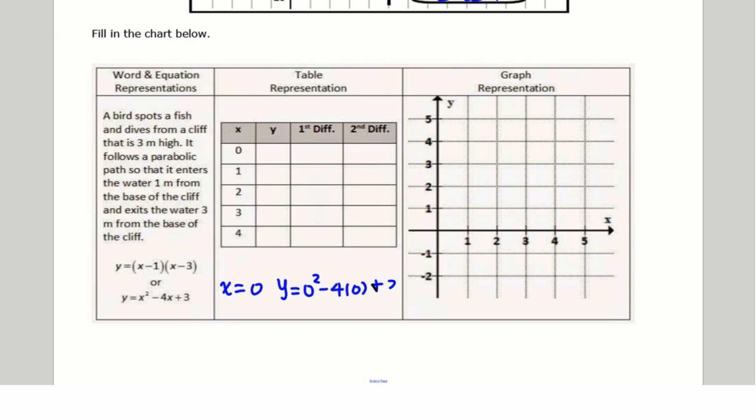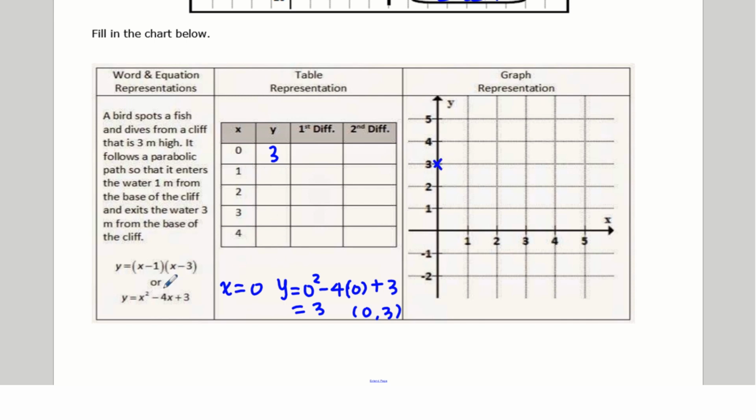Then we do the calculation, and you will find it equals 3. So you have the point (0, 3). This is the first point.